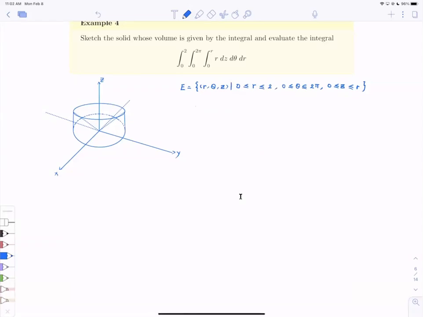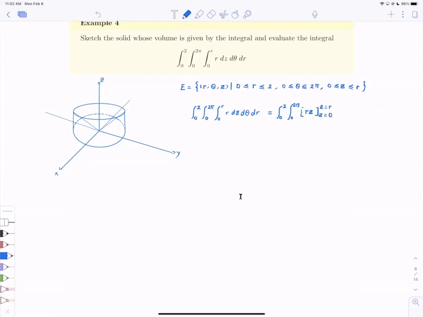So we have the integral from 0 to 2, 0 to 2 pi, 0 to r, dz d theta dr, which equals the integral from 0 to 2, 0 to 2 pi, and then r with respect to z would be rz, evaluated from z equals 0 to z equals r.